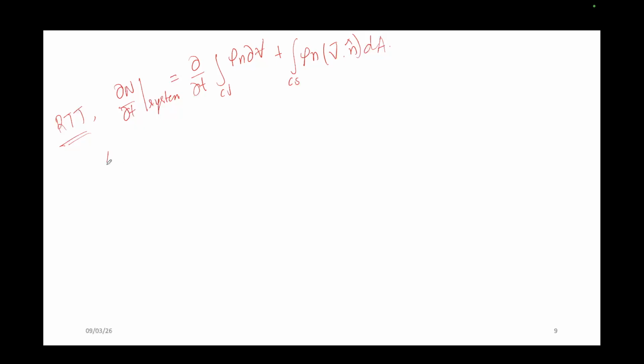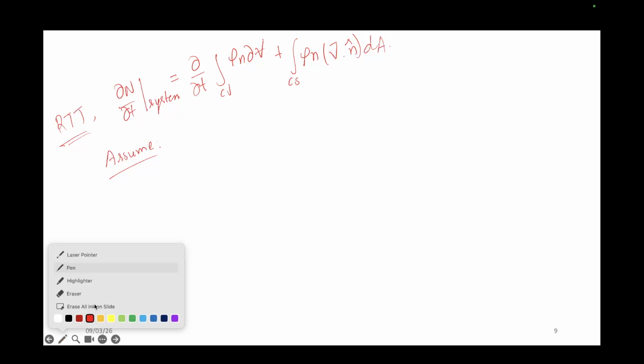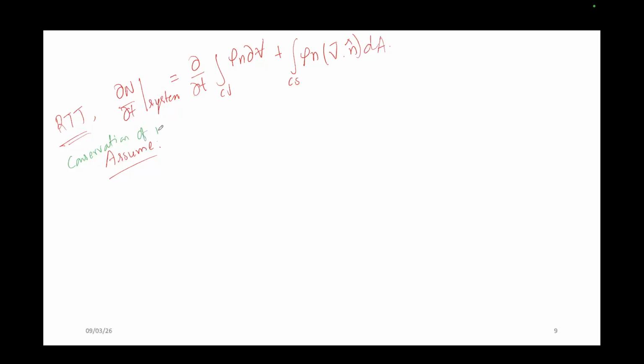So the assumption, the previous assumption should be there. Only what should be N? I am talking about the conservation of momentum.